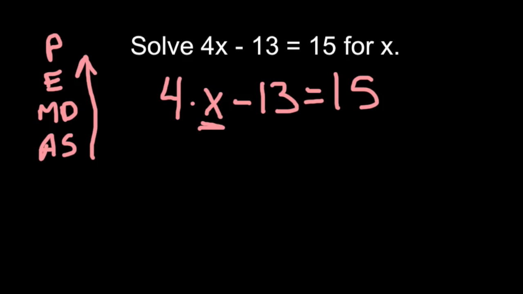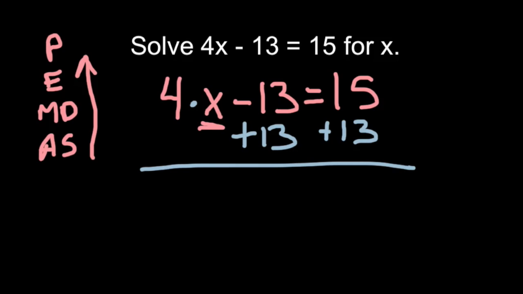So normally we would do multiplication first. But because we're going backwards, we're going to work with the subtraction. We have to do that first, and we have to do the opposite to both sides. So minus 13, we have to add 13 to both sides. And notice how I'm writing it on both sides of the equal sign.